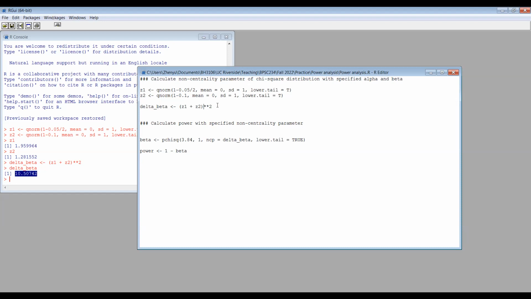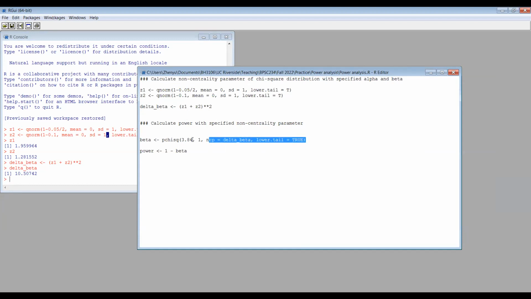I think it is very hard for you to understand the relationship between these, but it's okay. It's not required for you. You only need to know you can use something like this to help you calculate the non-centrality parameters for an alternative chi-square distribution. Does that make sense? Okay.